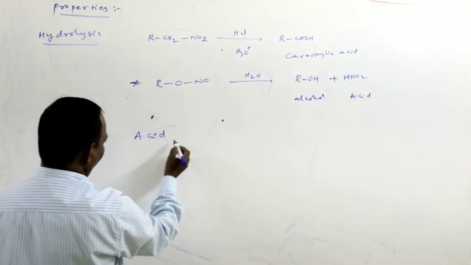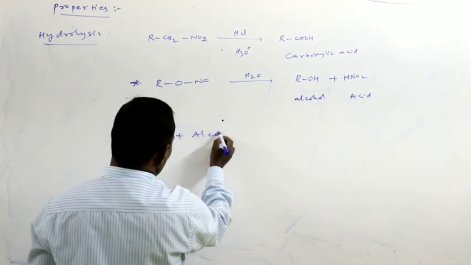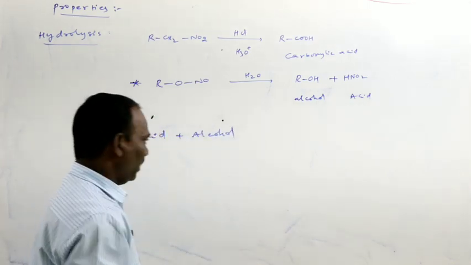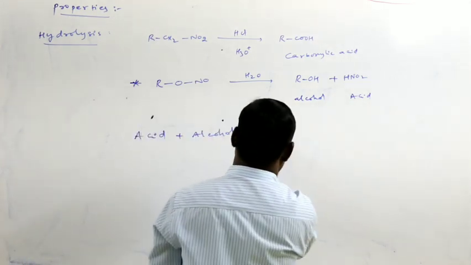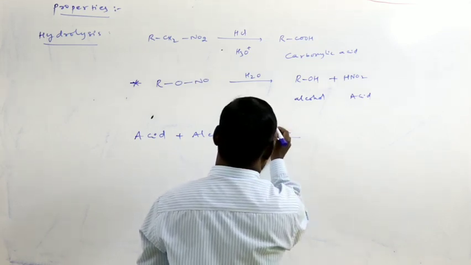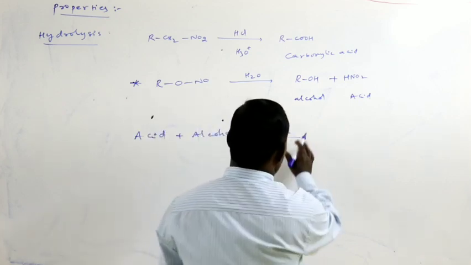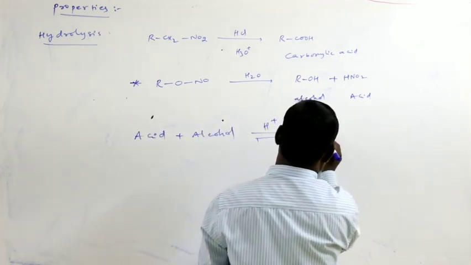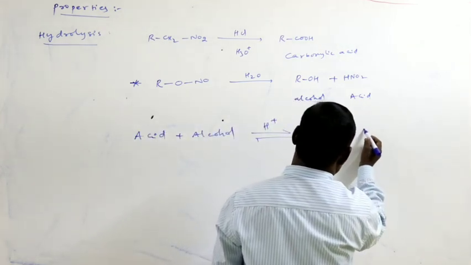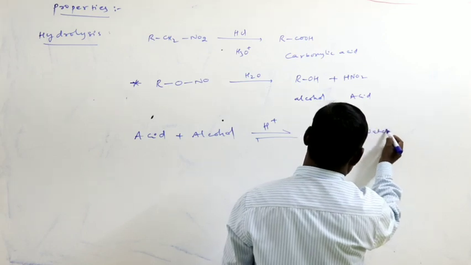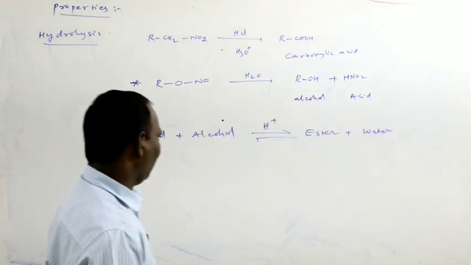Acid plus alcohol in the presence of a mineral acid like H plus. What is the product obtained in this reaction? Ester plus water formation.